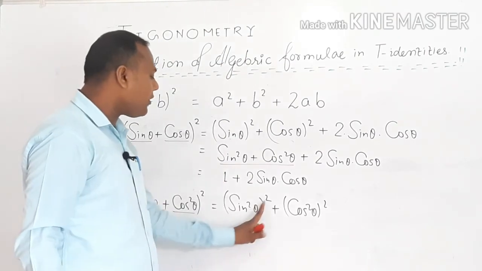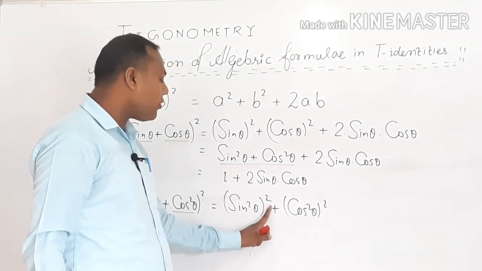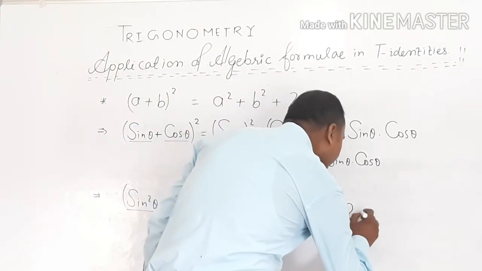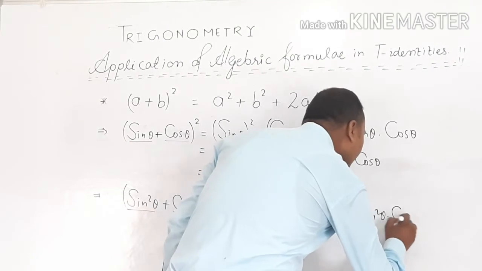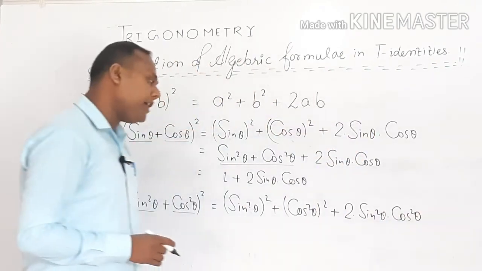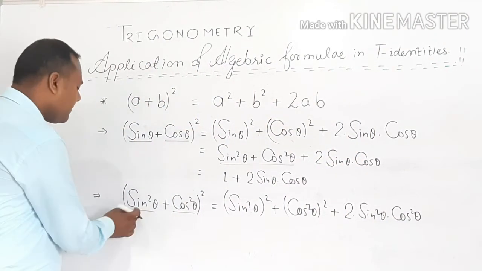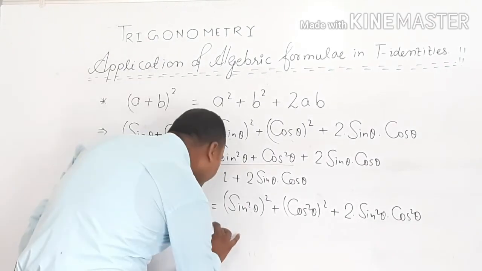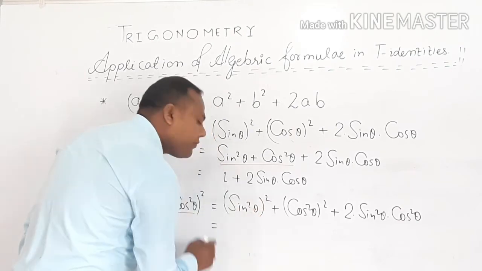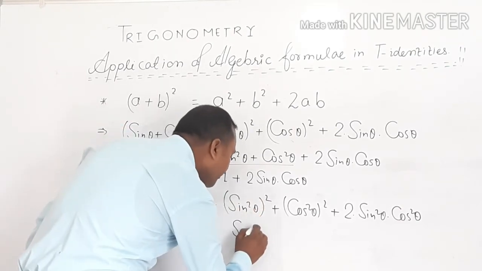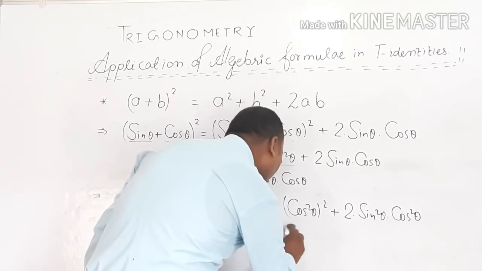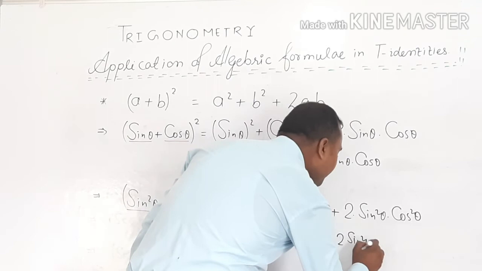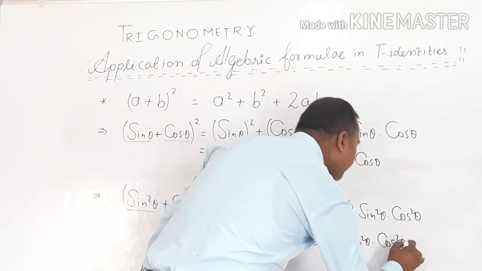That means sine square of theta the whole square, first term the whole square, plus second term the whole square plus twice of sine square of theta into cos square of theta. Because first term is sine square of theta and second term is cos square of theta. So square into square, that means sine to the power 4 of theta plus cos to the power 4 of theta plus 2 into sin square of theta into cos square of theta.